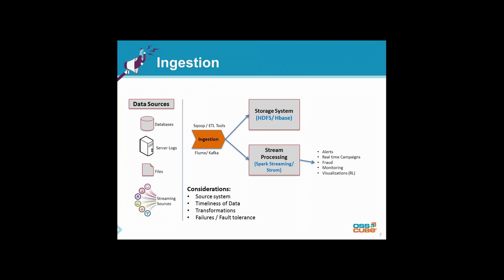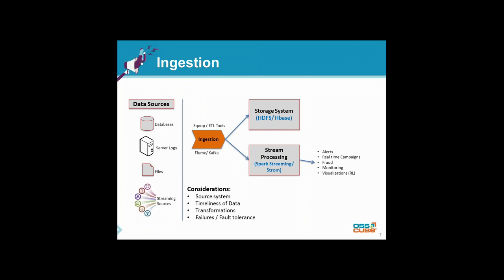The real-time events are put into a stream processing if they need to be processed immediately, or you can choose to put them into permanent storage like HDFS, or you can transport this event to multiple systems as well.